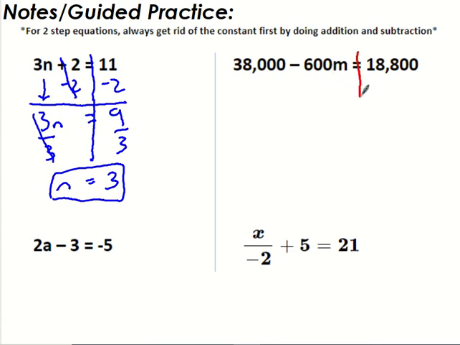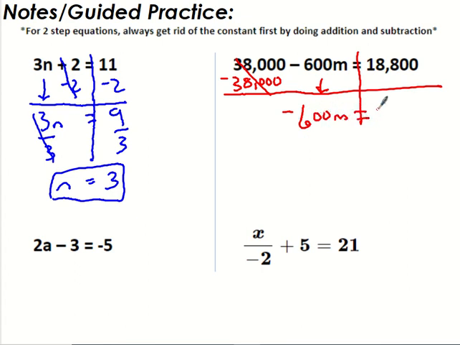Here's my equal sign. So I want to get m by itself. Therefore, I need to get rid of this constant first. Because this is a positive 38,000, I need to do the opposite, which is subtract 38,000. That makes 0. I've got to bring down what's left. I haven't done anything with this minus sign, so I've got to bring that down to make it look like a negative 600m.